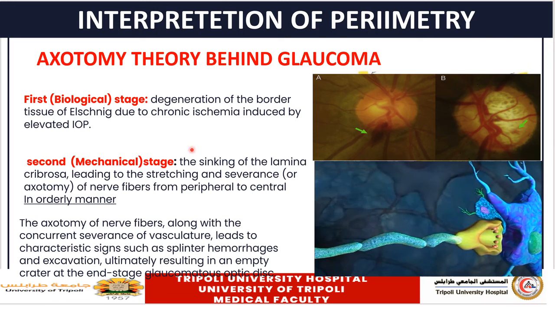So the axotomy theory could explain to a large extent the various changes that happen in the visual field from peripheral to central, and also the accompanying signs of glaucoma like the splinter hemorrhages. And this axotomy theory opens the door to a large area of investigation regarding the etiology and the pathogenesis, and could shift the definition of glaucoma from being just an optic neuropathy to an optic disc axotomy.